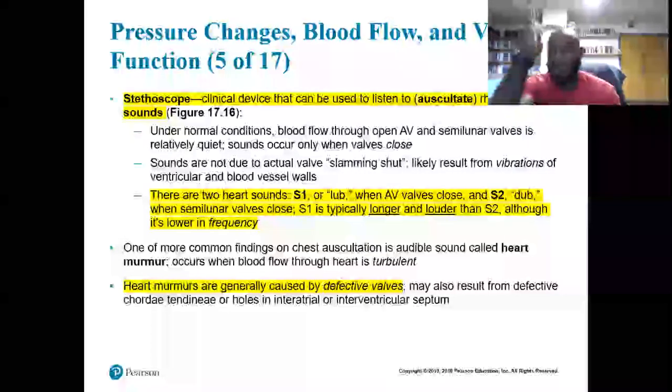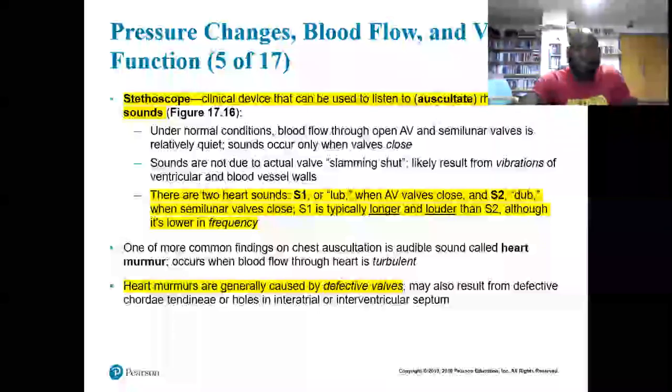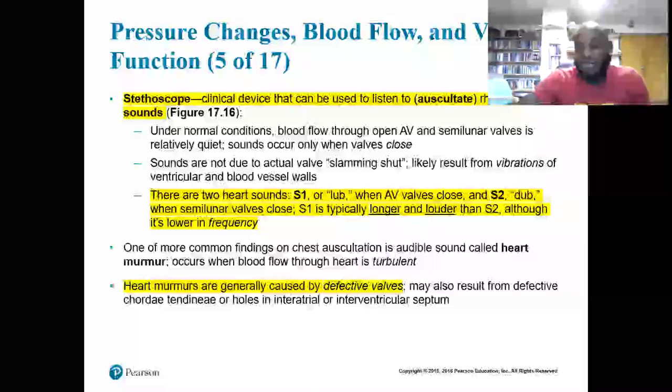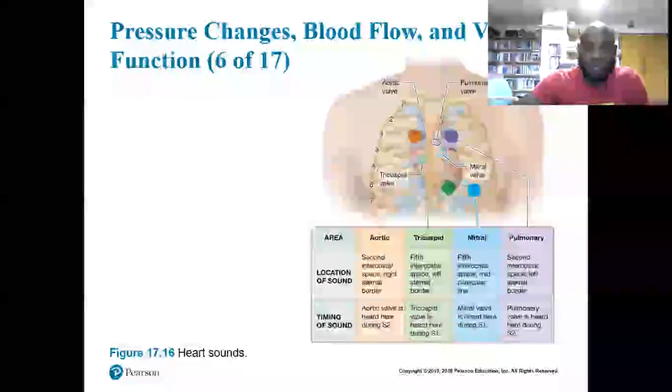Interatrial, the septum dividing the left and right atria, or interventricular, the septum dividing the left and right ventricle. So these are all issues that can potentially be noticed by the doctor listening to your heart. And that's why when you get a physical, they use a stethoscope and listen to your heart, because the heart is a very important organ, as I've said before, one that we want to definitely take care of.